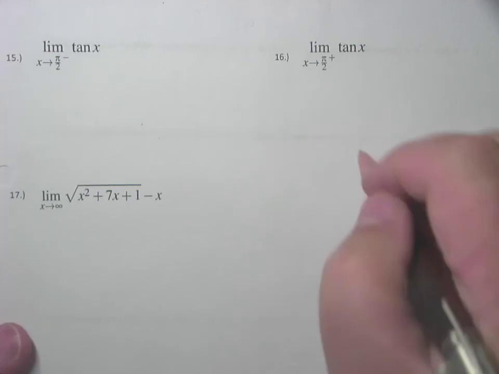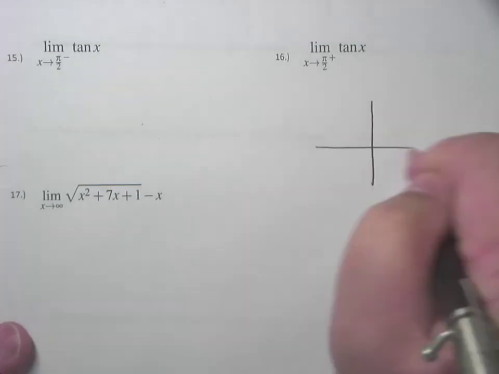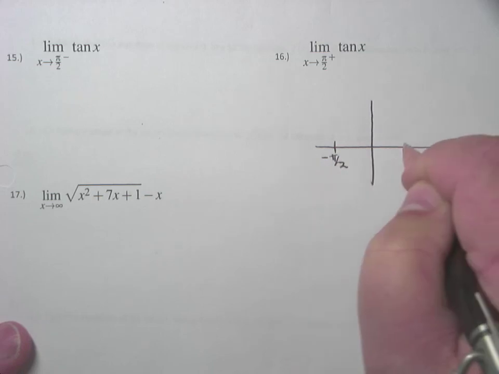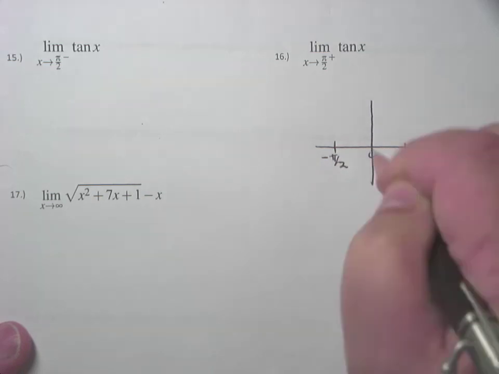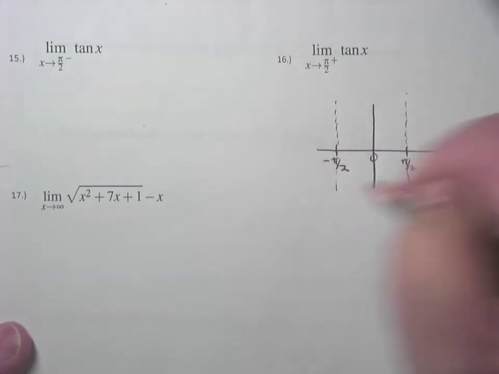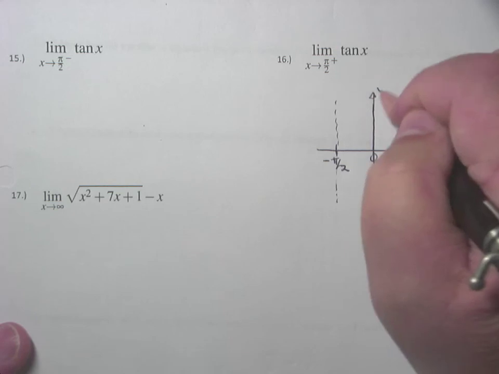So I'm going to graph this thing down here. A tangent graph is periodic between pi halves and negative pi halves. And at pi halves and negative pi halves, you basically have vertical asymptotes.